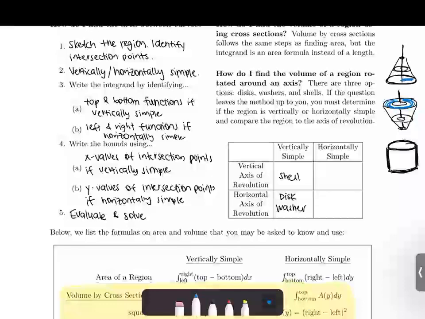So it depends on if our region is touching our axis or not, but if the axis of revolution is perpendicular to the simplicity, we're going to use discs and washers. So therefore, if we're horizontally simple with a vertical axis, we're going to use discs or washers. And if we are horizontally simple with a horizontal axis of revolution, we're going to use shells.